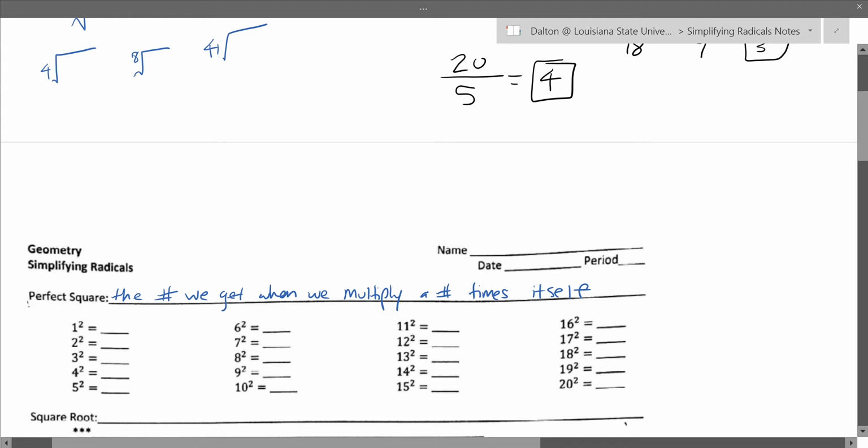So let's do that. Let's multiply a bunch of numbers times itself. Now, instead of writing out like 1 times 1, a different way of writing that out is 1 squared, hence why we're going to get the perfect square.